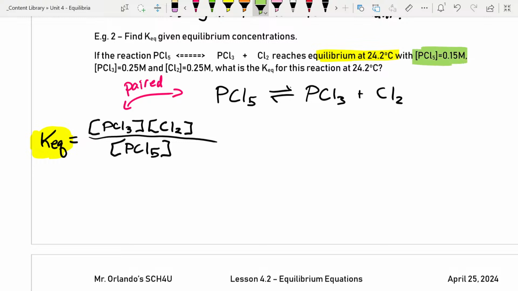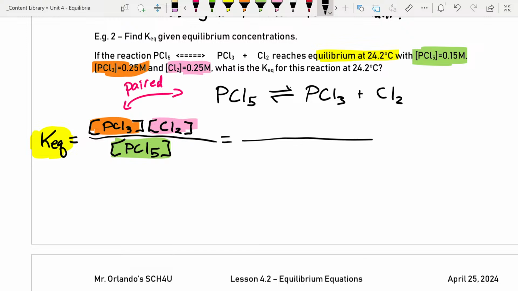Well, it depends on the concentration of PCl5, but hey, I know that. What else does it depend on? Well, the concentration of PCl3, but I know that. And it depends on the concentration of Cl2, but guess what? I know that too.